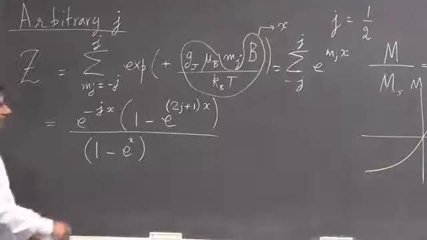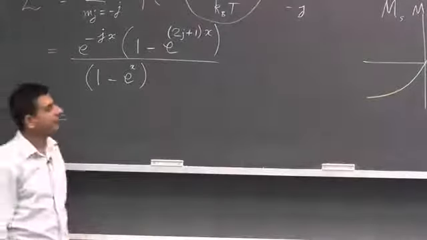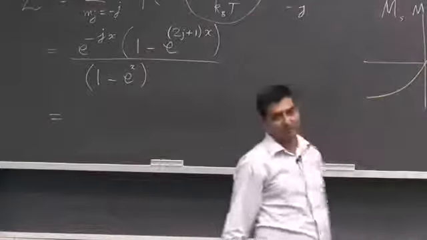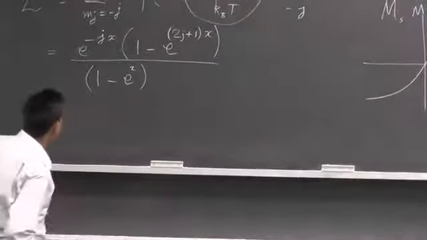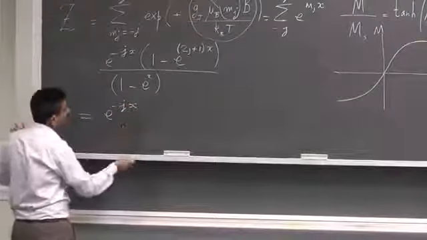Now we can simplify this a little bit. We are fond of hyperbolic trigonometric functions because we have a hyperbolic trigonometric function here. So we can simplify this slightly in the following fashion. This e raised to power minus Jx remains what it already is.